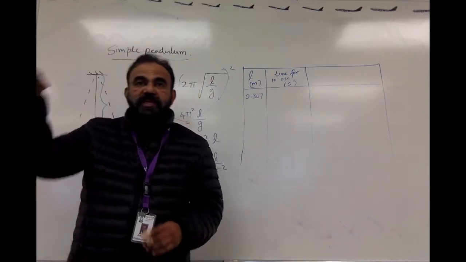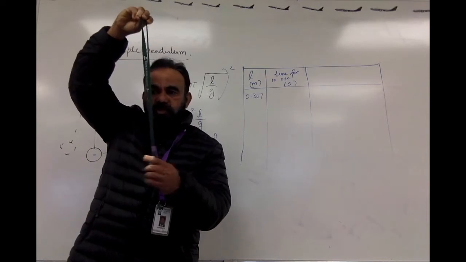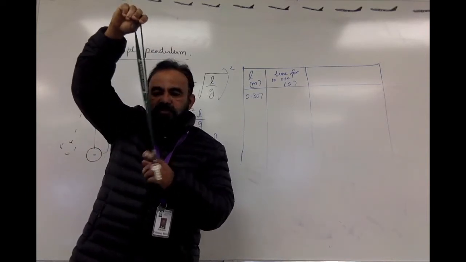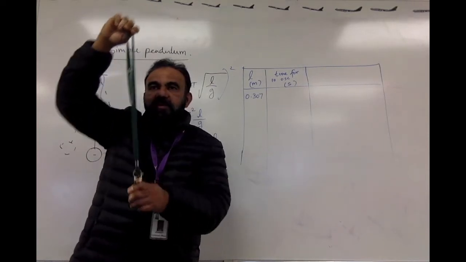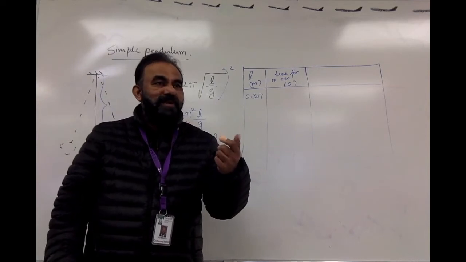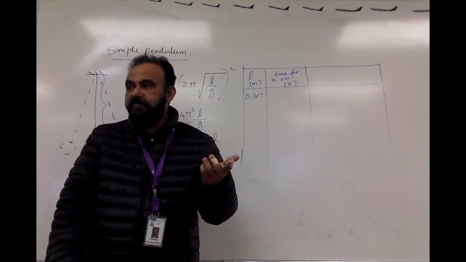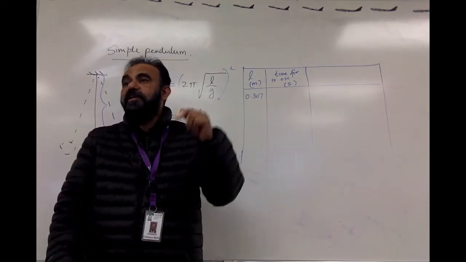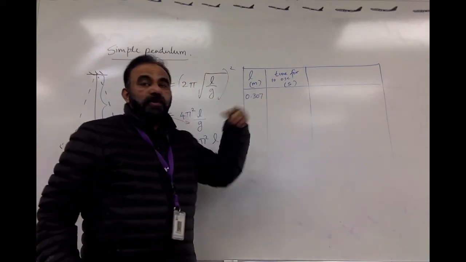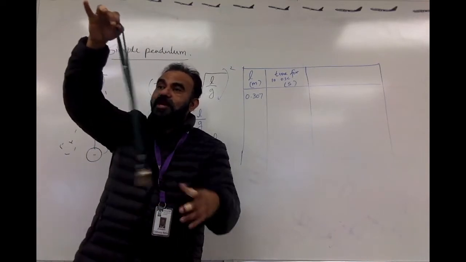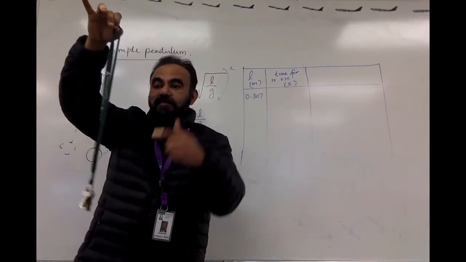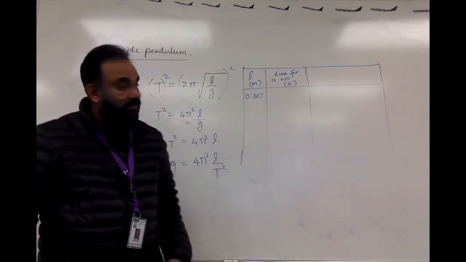Because when you're swinging it like this, if you take the time period from here to here, it's kind of fast, so you may make more errors with your starting and stopping. To minimize those errors, we do it for 10 oscillations. So you time for 10 oscillations, and once you finish 10 oscillations, you stop.